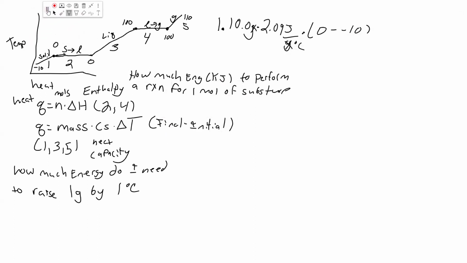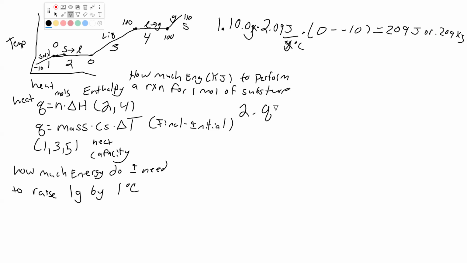We do this calculation and we get 209 joules, or 0.209 kilojoules. So that's our first segment. We'll do similar things for all these different segments and add them up at the end.